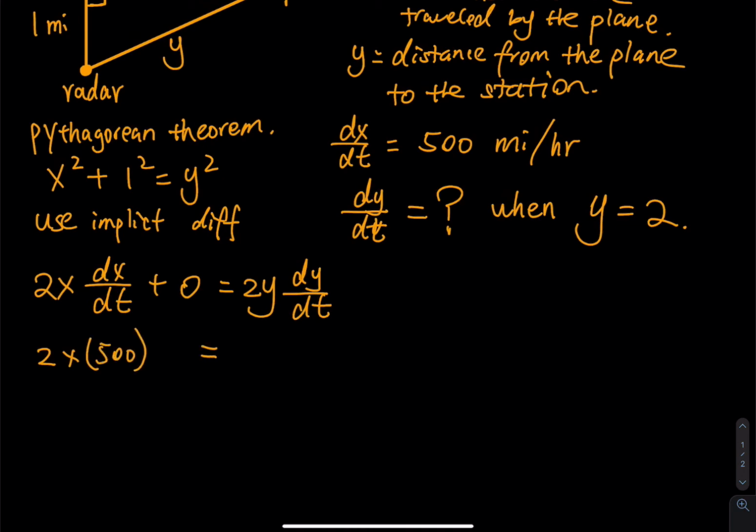And then 2 times y, and we don't know dy/dt. Can we solve for the unknown? The answer is not yet, because we are not able to solve one equation with 2 unknowns. At this point, we are one step closer to the solution, but we have to figure out x.